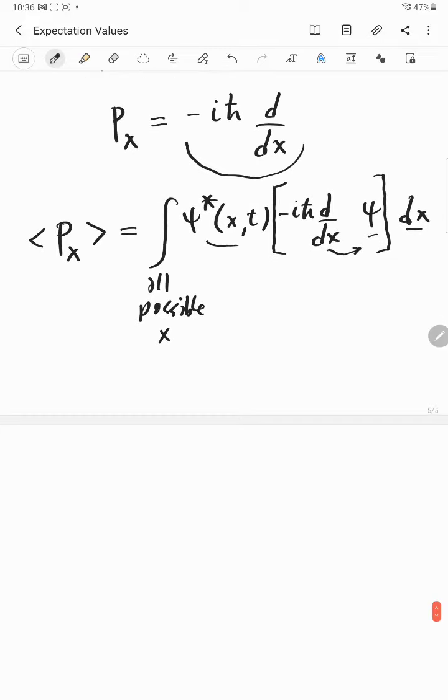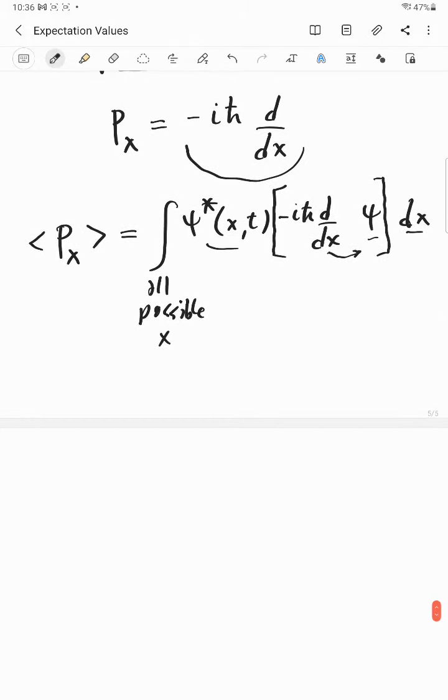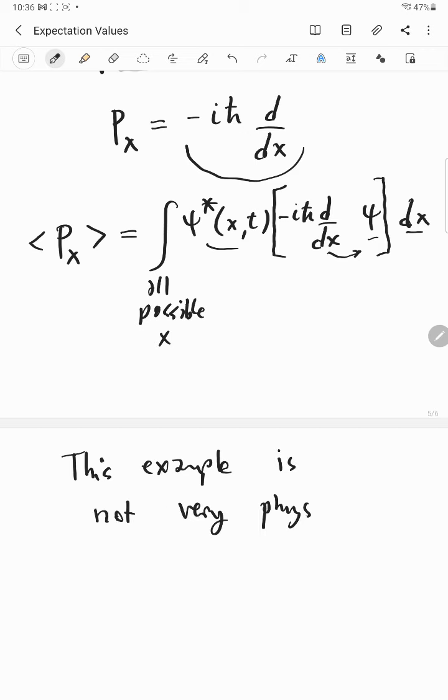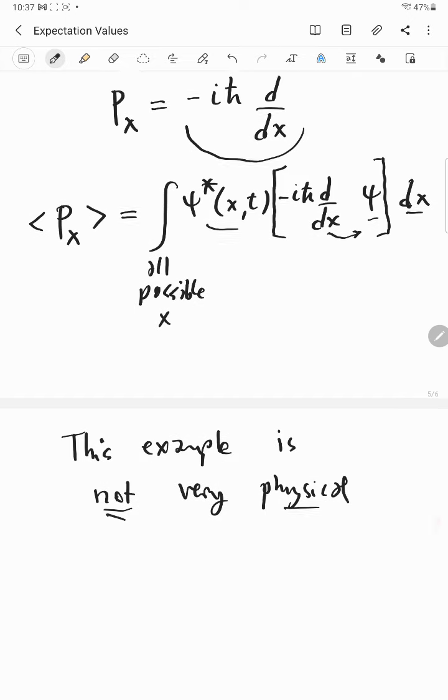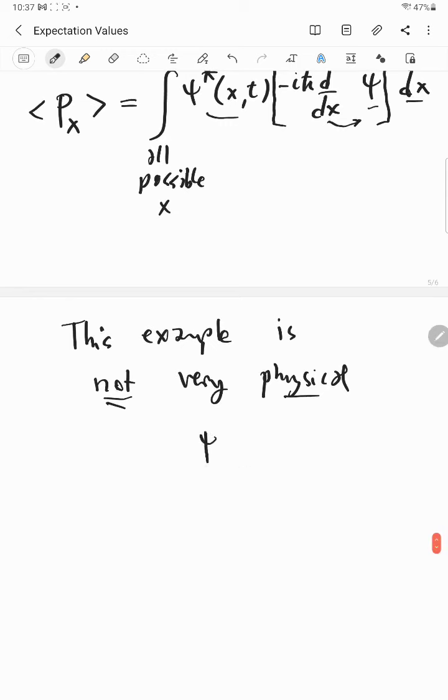Let me point out something for this example. It's actually not very physical, and let me show you why. Remember, I drew a picture of psi versus x, and the way it looked is I had a rectangle here and a rectangle here, and it was 0 everywhere else.